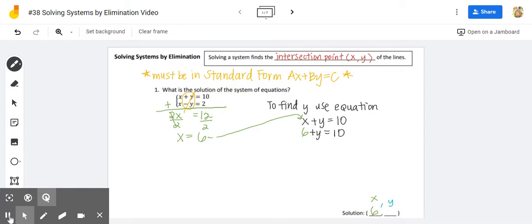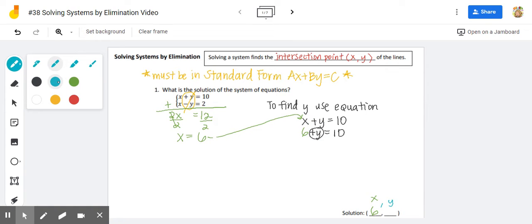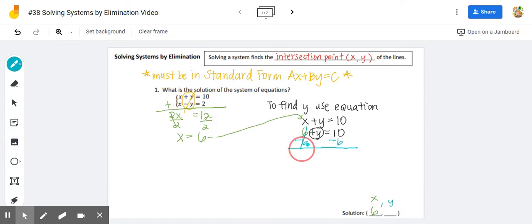So we have 6 plus y equals 10. To solve for y, we have to undo the positive 6, which means we need to subtract by 6 to finish our mission. So y equals 10 minus 6 is 4. So our y coordinate of our intersection point is 4. So our solution is 6 comma 4, x comma y.